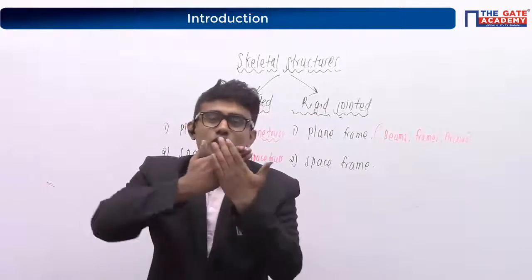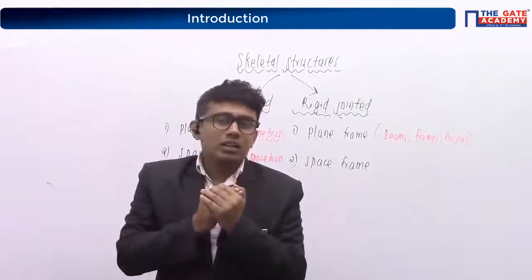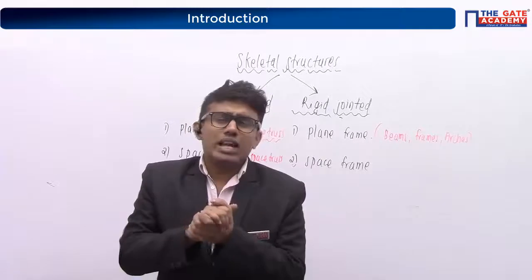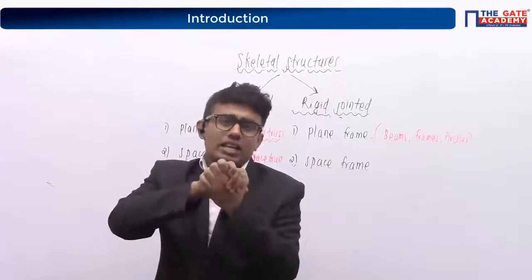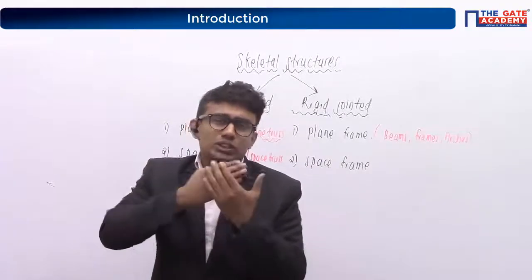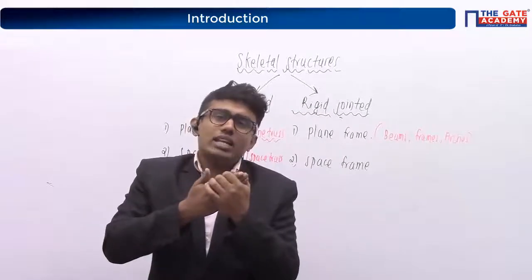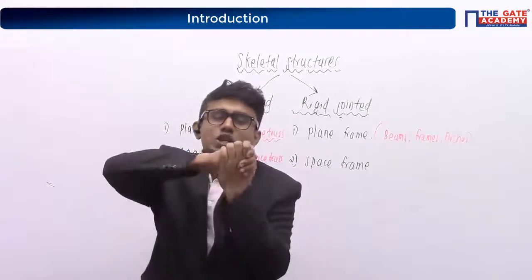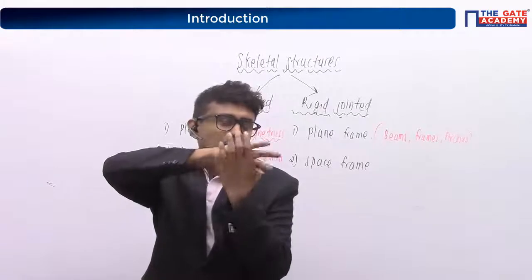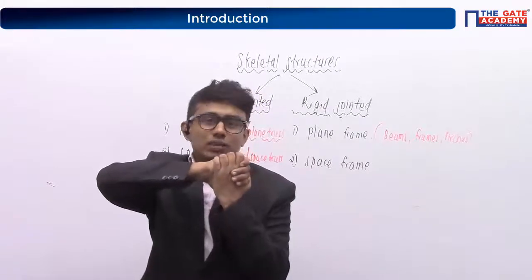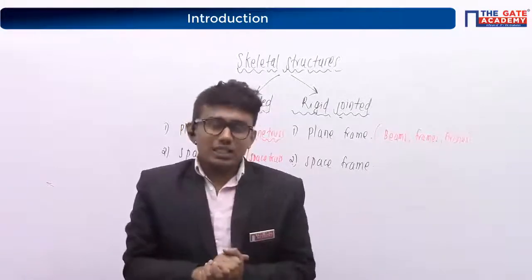The pin joint is not going to carry the bending moment or the shear forces. It is going to carry the axial forces to this joint, and the rigid joint will carry the shear force, bending moment, and axial forces. Right? You have to note that down also.